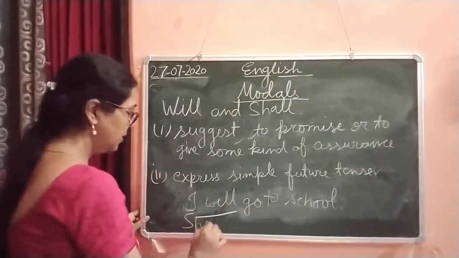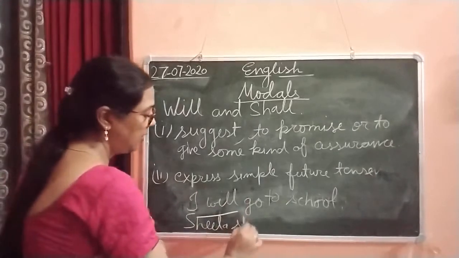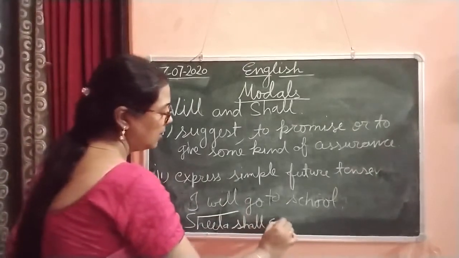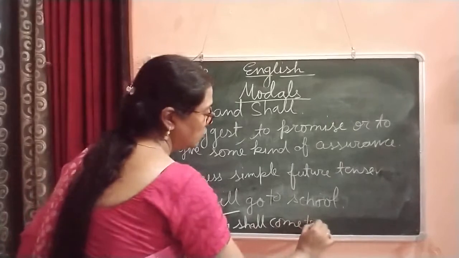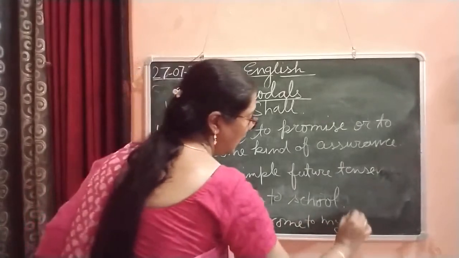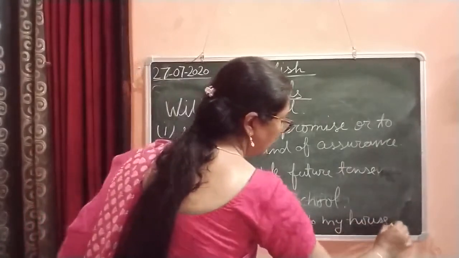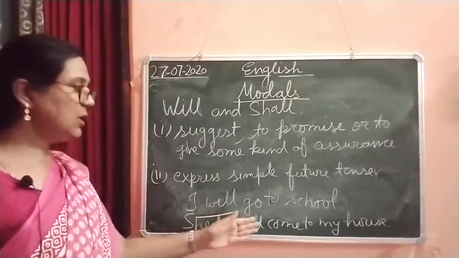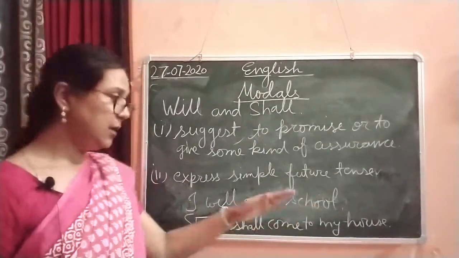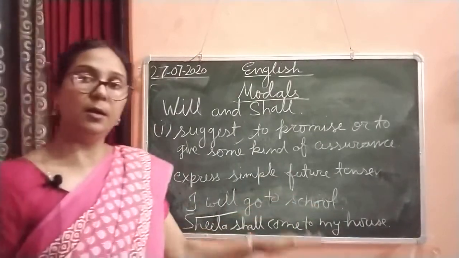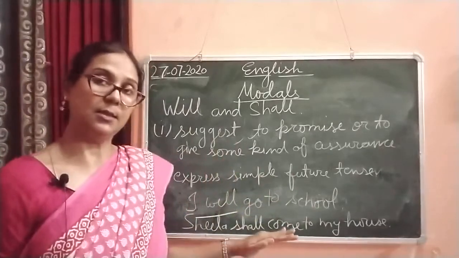Sheila shall come to my house. Now here shall is used for the future tense, and here the probability is less.